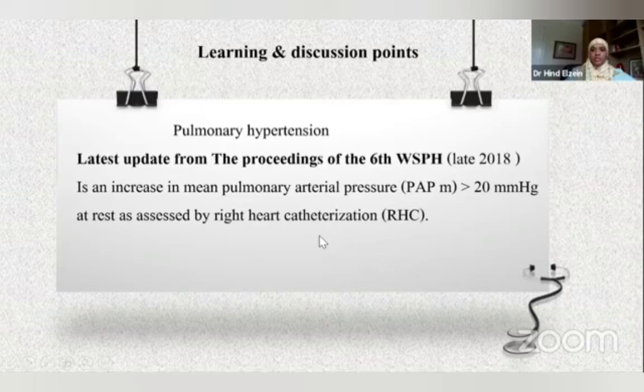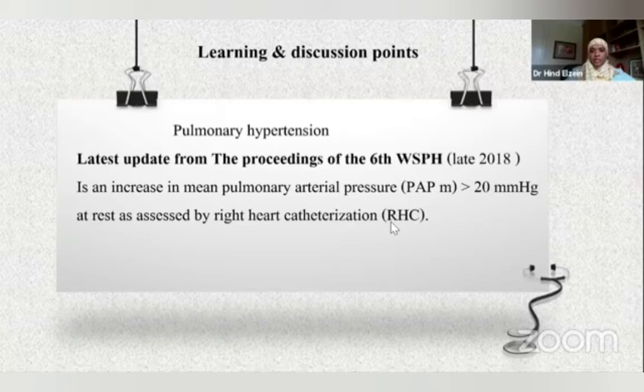So pulmonary hypertension, as we all know, is actually a group of diseases that can cause an increase in the pulmonary artery pressure. There's a recommendation from the latest update of the proceedings of the 6th World Symposium on Pulmonary Hypertension. It was in late 2018.